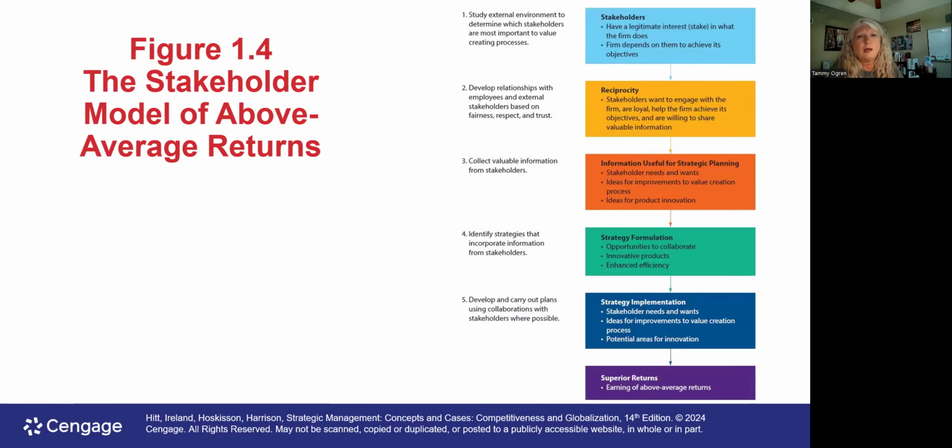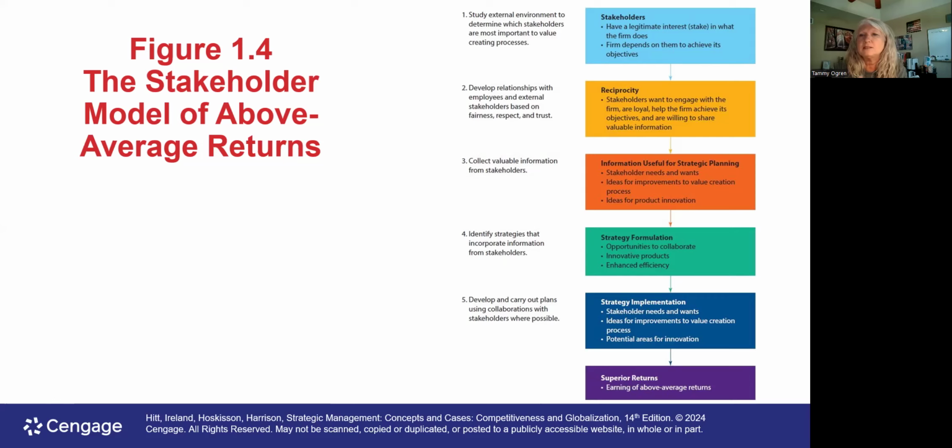And so when we look at strategic planning from this model, we start with our relationships with those external stakeholders, and then we move to reciprocity. We want to provide value to them, and they provide value to us, and we have this loyal relationship. And we get information from them, and we know what they need, and we know what we need, and that whole supply chain, as an example, builds in order to create higher value.